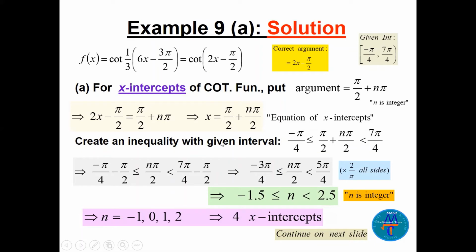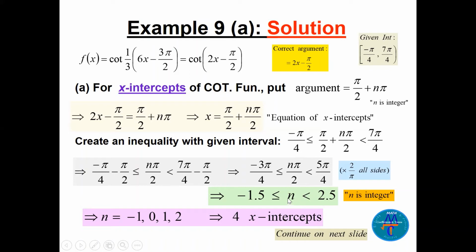Now we create an inequality. This is closed, minus pi over 4, and this is open, 7 pi over 4. And in the middle here, we put the equation of the x-intercept. And then we solve this compound inequality. Here we put minus pi over 2 in each side, and then we multiply by 2 over pi.